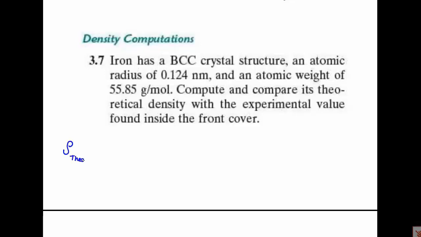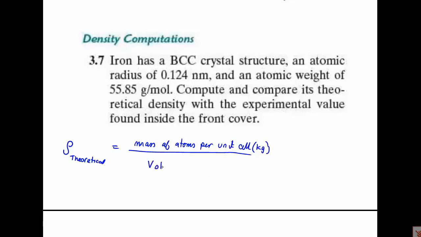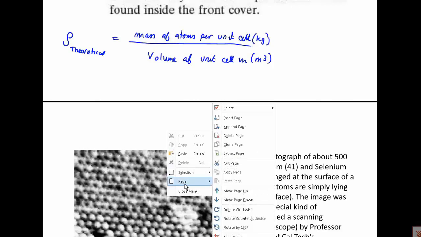Density, or the theoretical density, is equal to the mass of the atoms per unit cell, let's just say mass in kg, divided by the volume of the unit cell in meters cubed. Okay, so let's apply that.